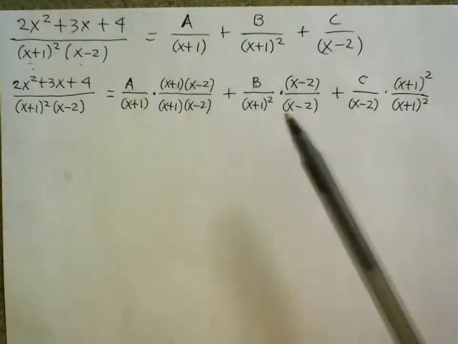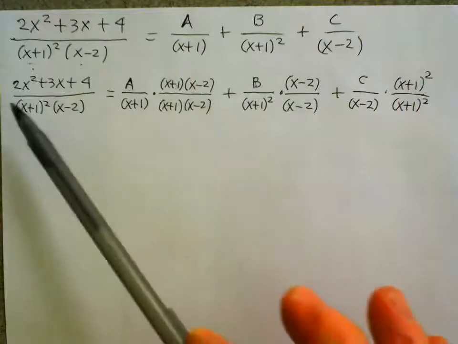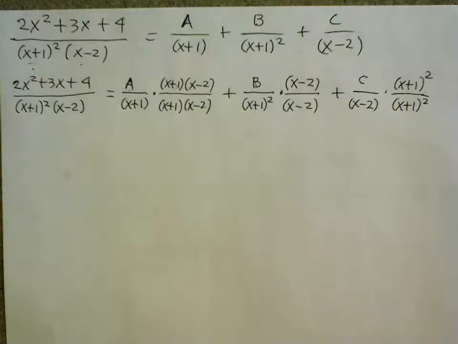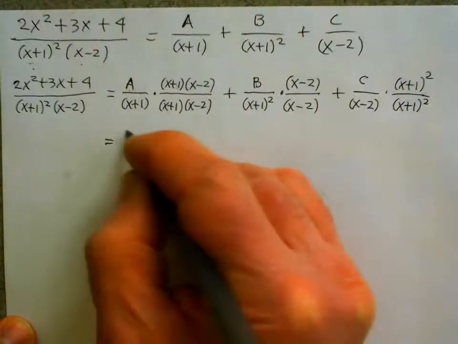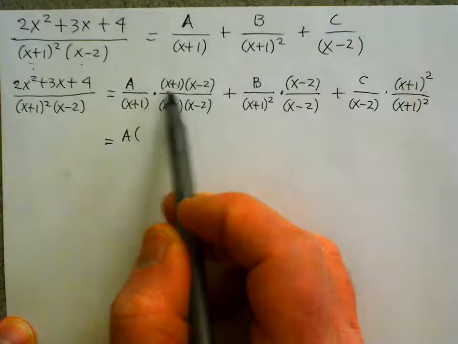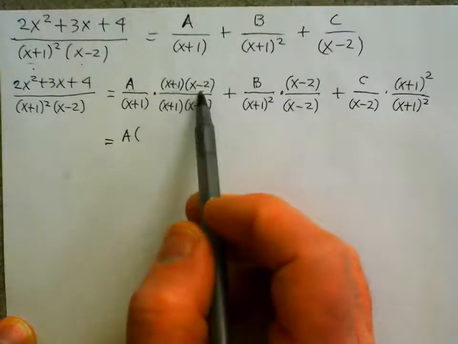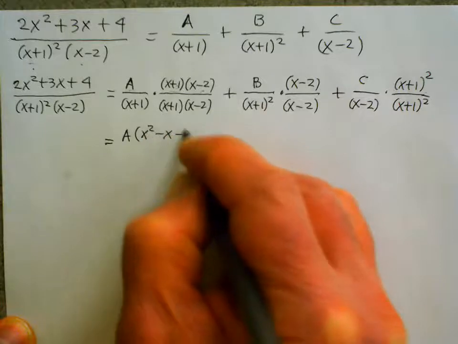and then we'll write down equations involving the coefficients and the constant. So first, in this numerator, let's multiply the two linear factors. X plus 1 times x minus 2 is x squared minus x minus 2.